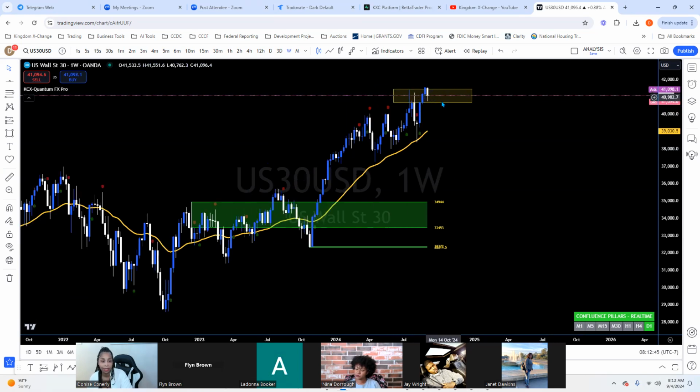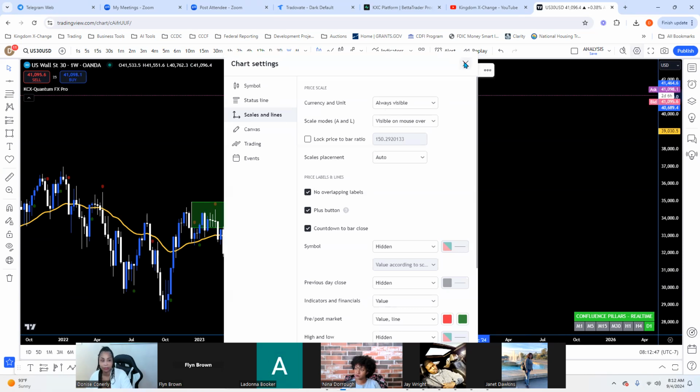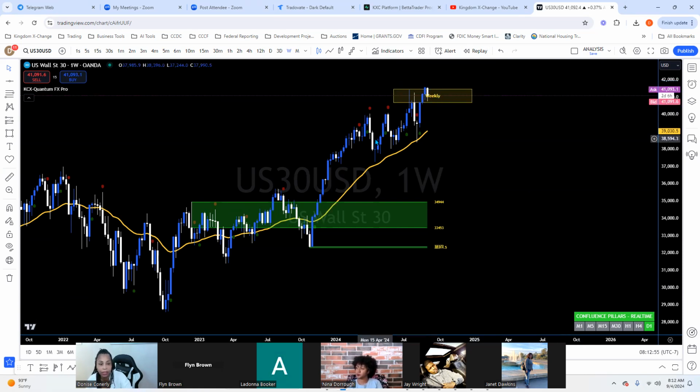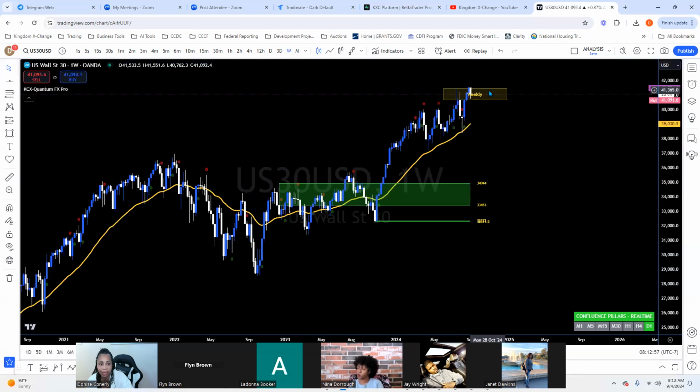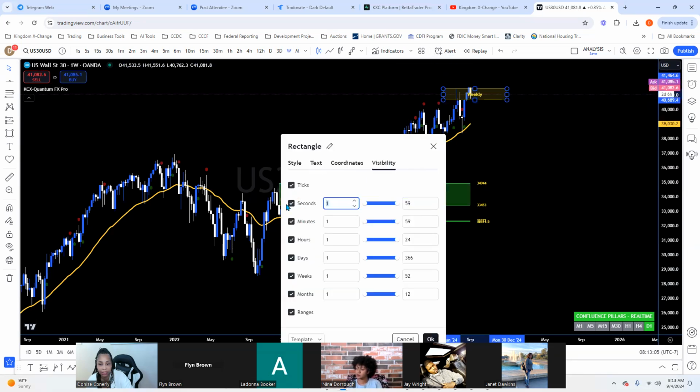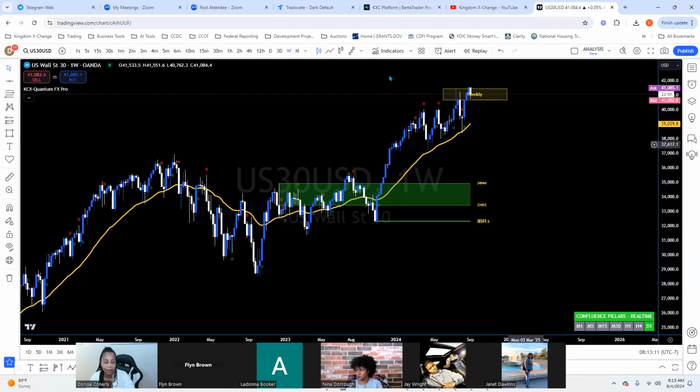I may go in and in the text put in that this is the weekly, just so I know what it is, right? So that's what I'm going to do there. And I may put on there to only show this at the weekly level or above, because I don't need to see it on the lower charts, right?